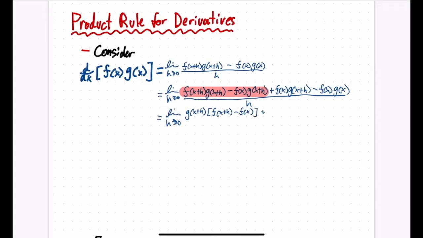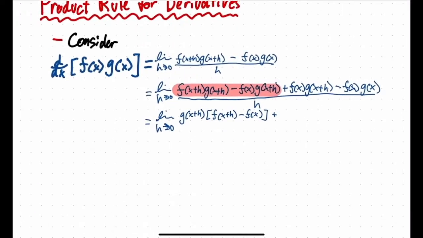And then in these second two terms, we have that f of x in common, so we can factor those out. And we have f at x, and what's left is g at x plus h minus g at x. All over h. Okay.